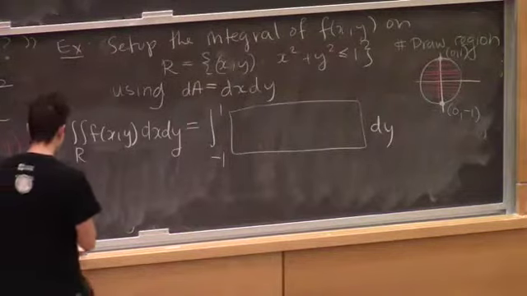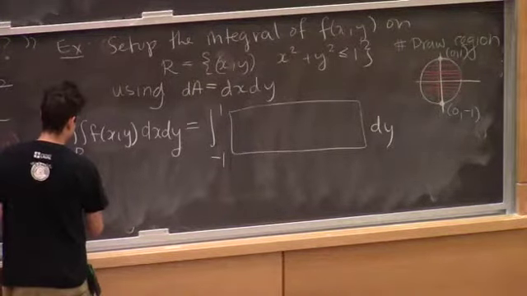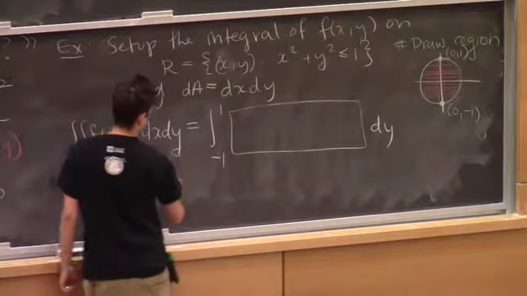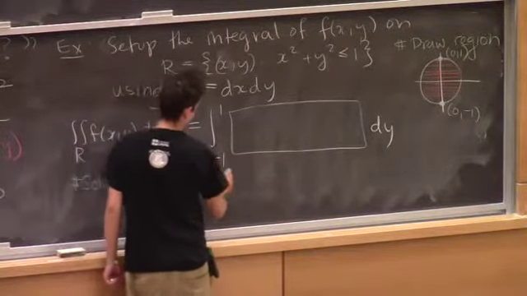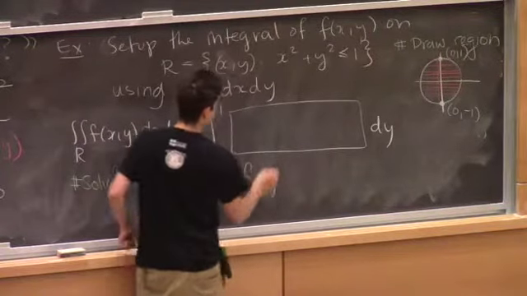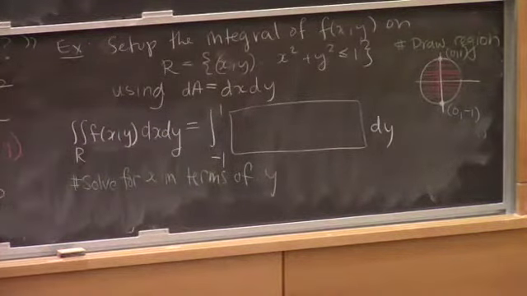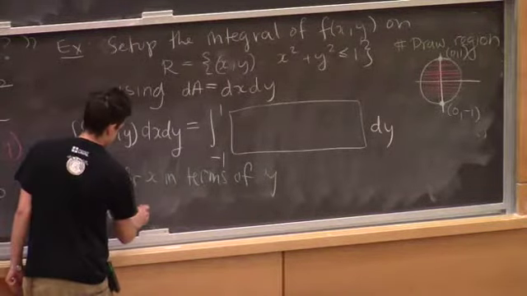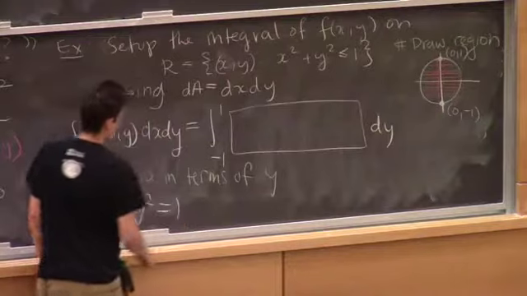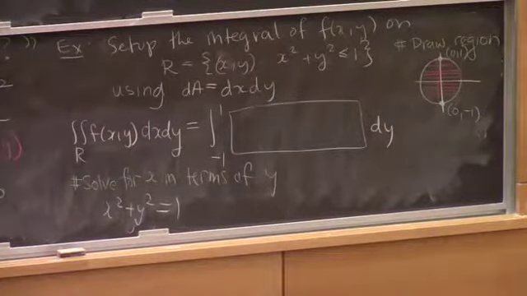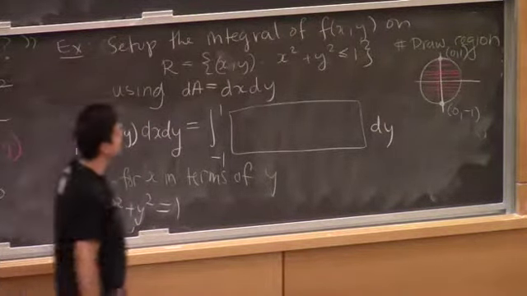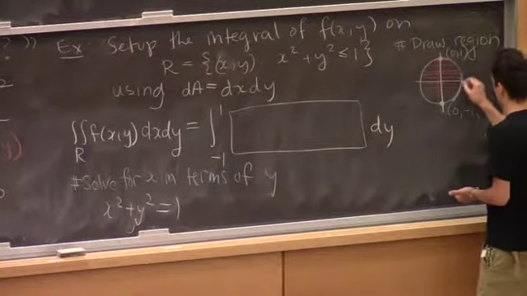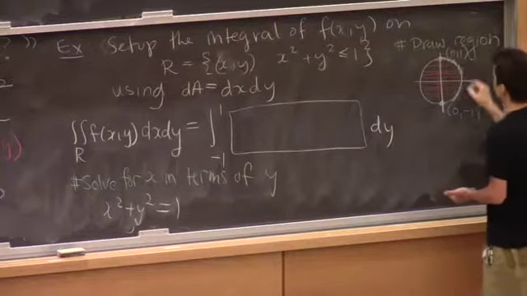So we're going to solve for x in terms of y. So we start off at x squared plus y squared equals 1, because we care about the boundary of the disk.